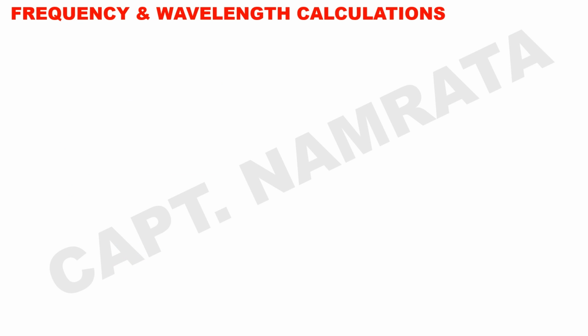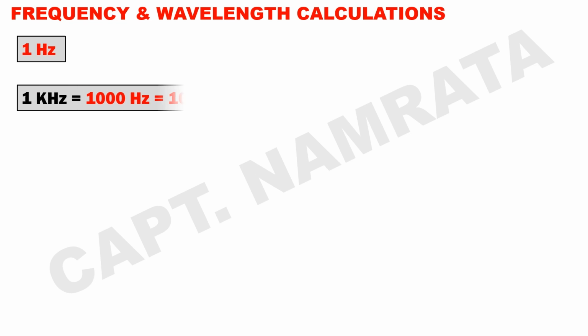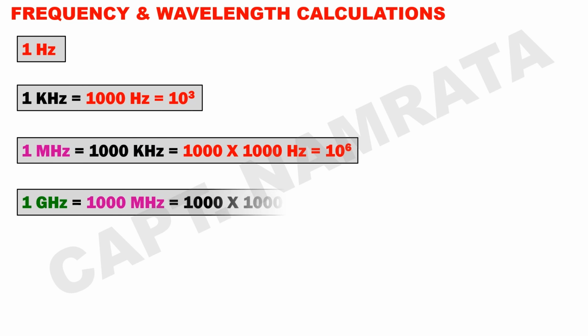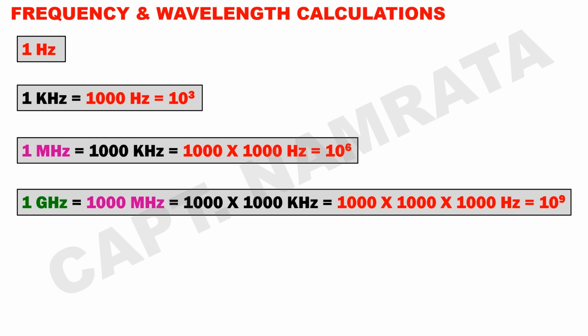Now let's see how to calculate frequency and wavelength. For all frequency and wavelength calculations, you must always come down to one unit of frequency, that is hertz. So, anytime frequency is given in any other unit, you must convert it to hertz. These conversions will help you.